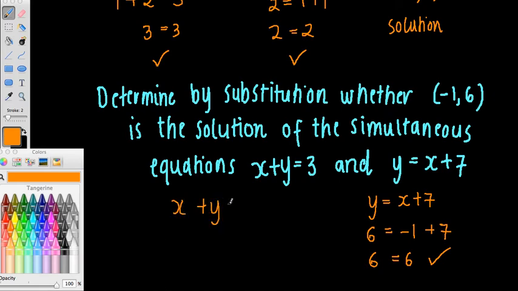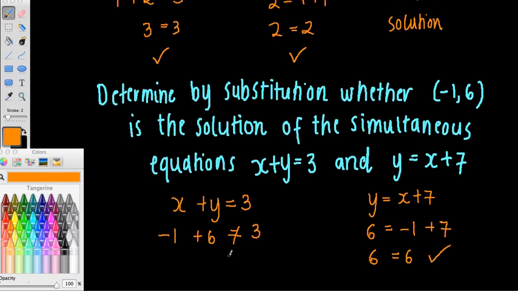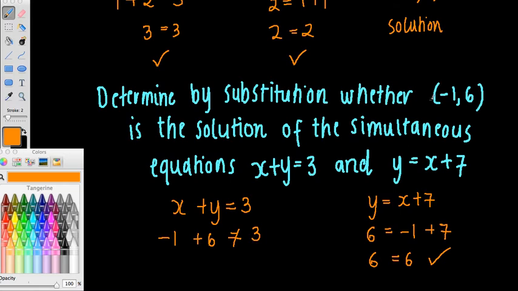However, this one here, if we have a look, -1 and 6, it does not equal 3. So what this means is this point does lie on that line, but it does not lie on this line over here.